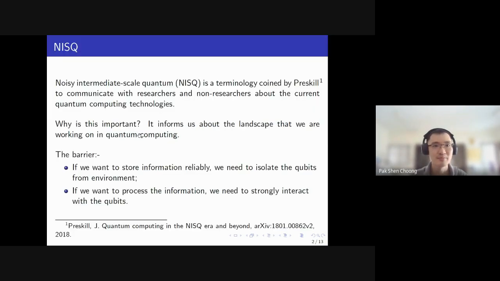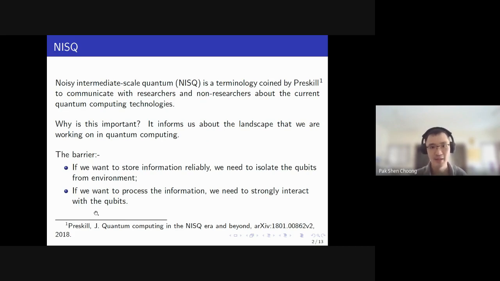So before we go into quantum error corrections, I think we always heard about NISQ, and from the wording by itself, which is noisy intermediate scale quantum, we can sort of guess what NISQ is. But I just want to read Preskill's paper on NISQ and see what is his opinion on this.